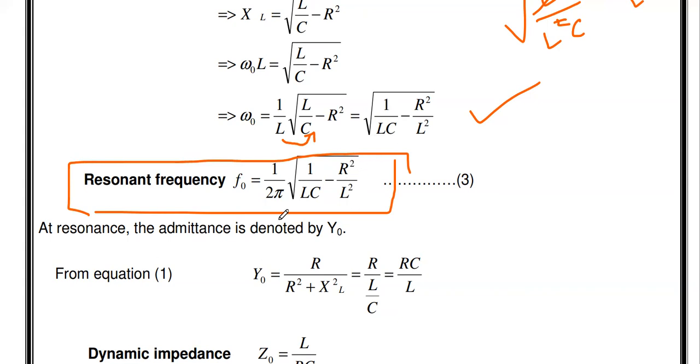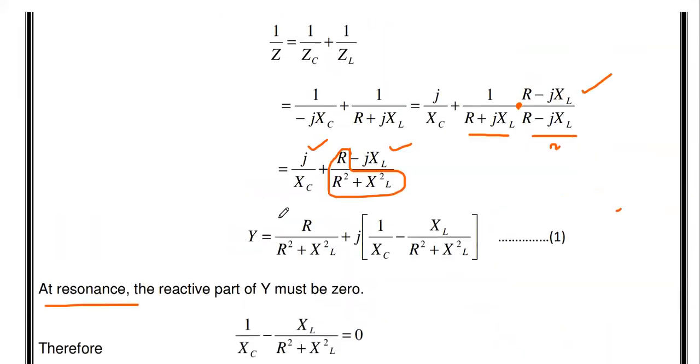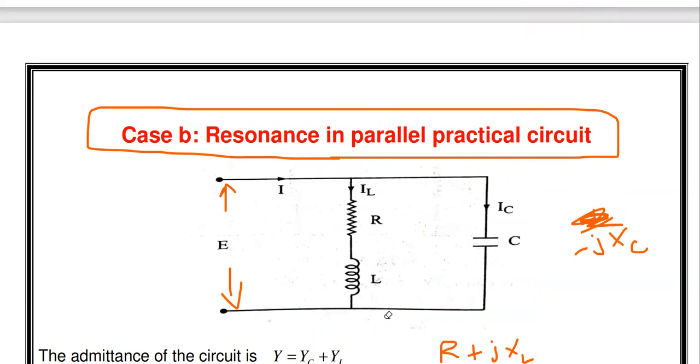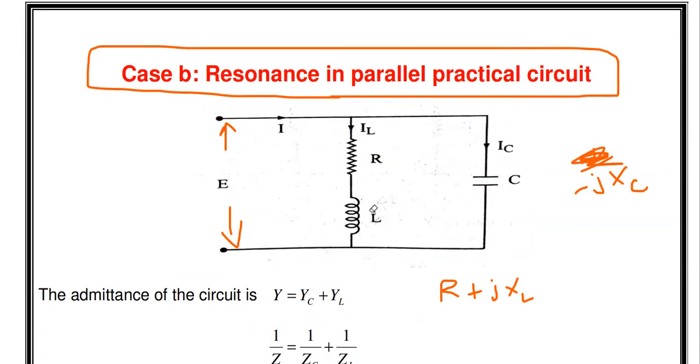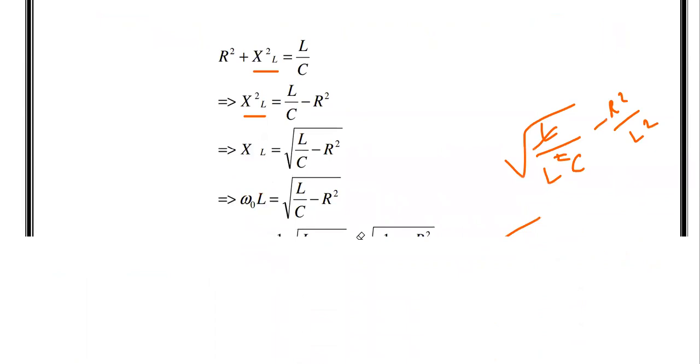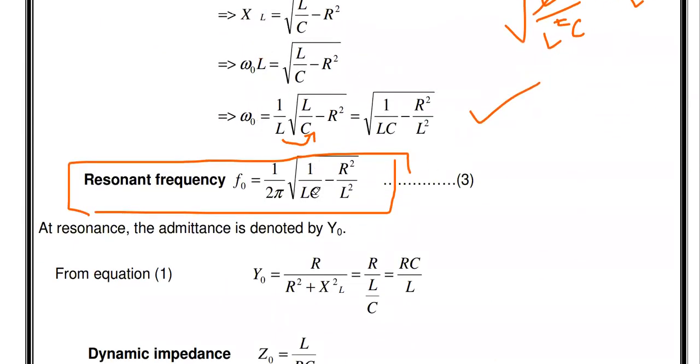So this is the resonant frequency formula for this second type, the practical two branch parallel LC circuit, an inductor in series with a resistor connected in parallel with the capacitor. For this circuit, the resonant frequency is 1 by 2 pi square root of 1 by LC minus the extra term R squared by L squared.